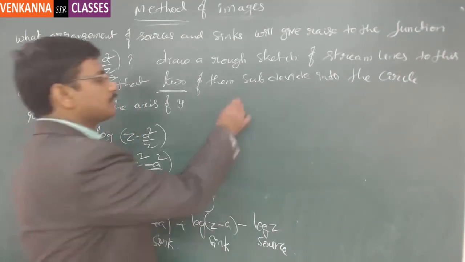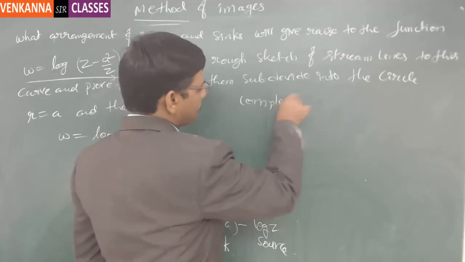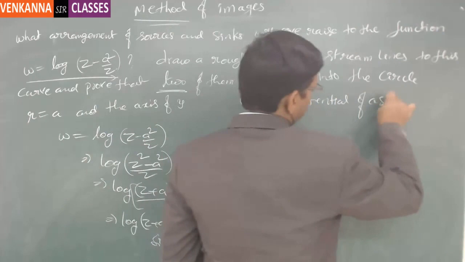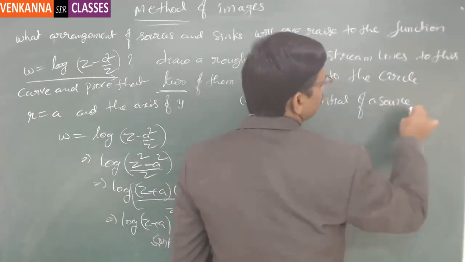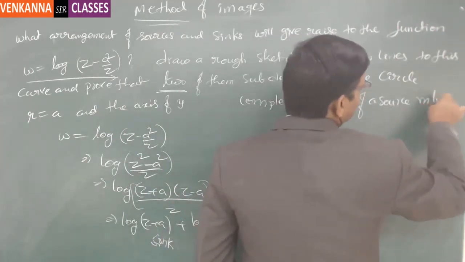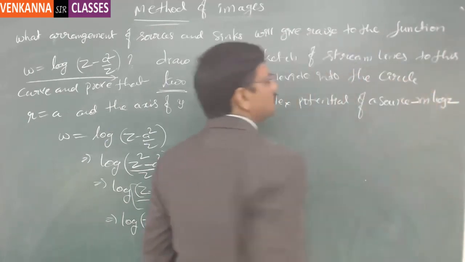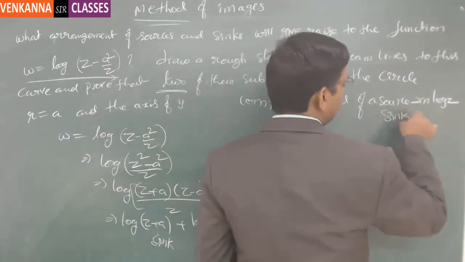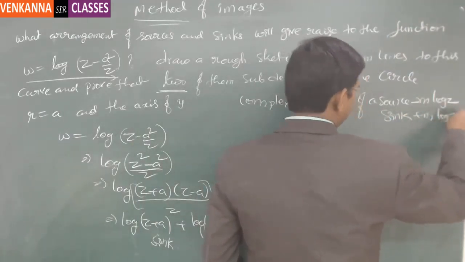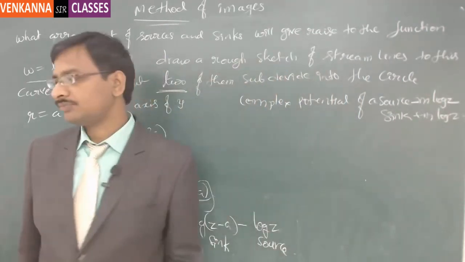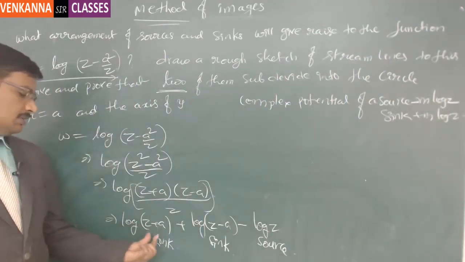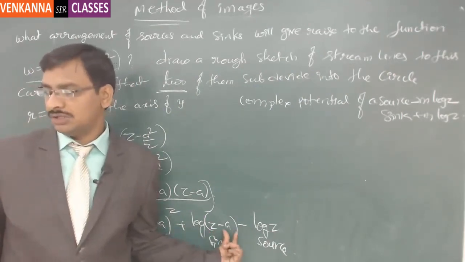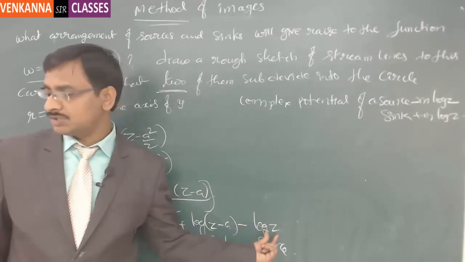Because the complex potential of your source is nothing but minus m log Z, and for your sink it is plus m log Z. This is the complex potential. Now if you notice, there is a sink present at Z is equal to minus a, there is a sink present at Z is equal to a, and there is a source present at Z is equal to 0.